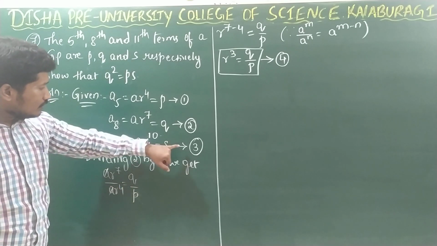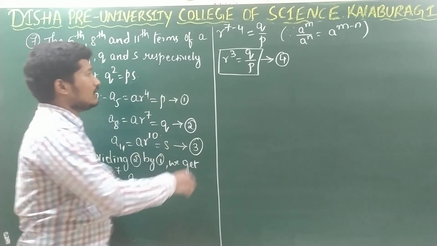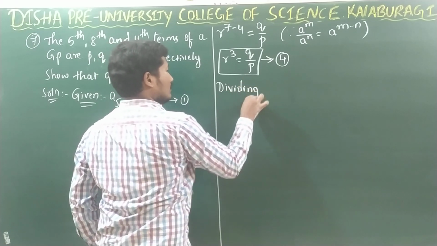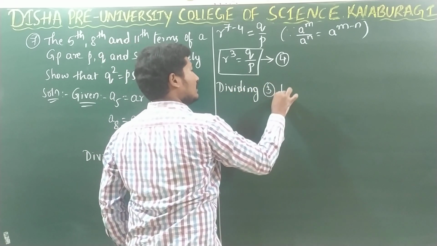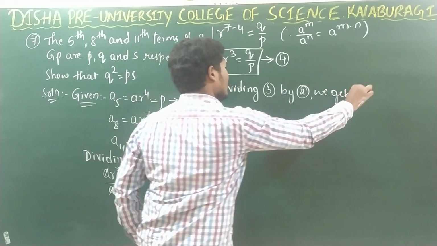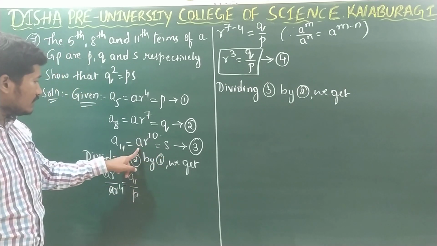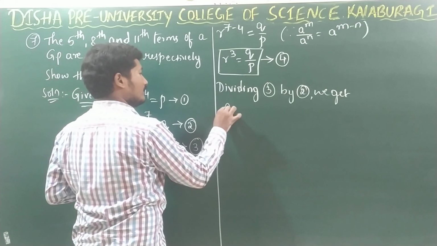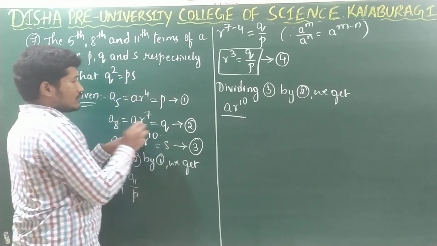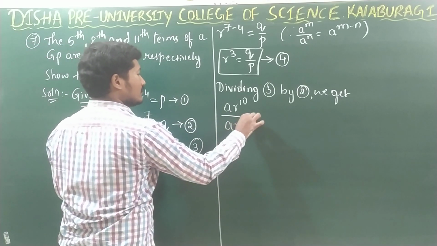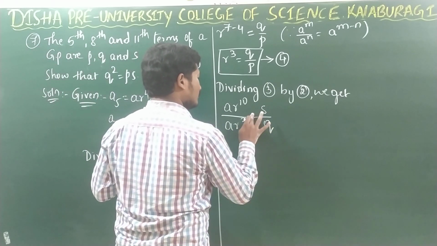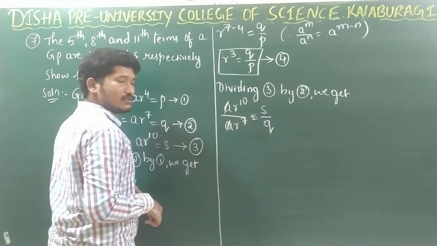Next we will divide 3 by 2. Dividing equation 3 by equation 2, let us see what we get. What is the LHS of equation 3? A into r power 10, divided by the LHS of equation 2, A into r power 7, is equal to S by Q. A again cancels.